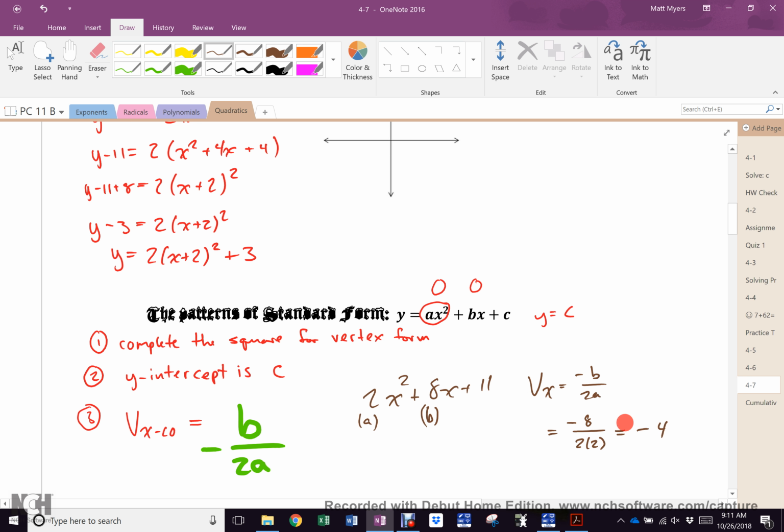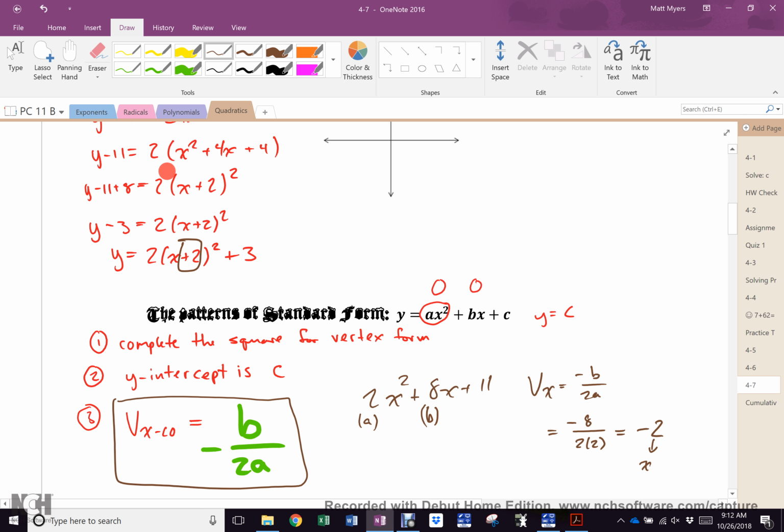So the vertex x value would have been not negative 4, negative 2, right? When we did all the work, was the vertex x value negative 2? Yeah. Now once we know that, that is of course an x value that can go back into the equation. Everybody good? So this is a real help, especially if you're not very good at completing the square.